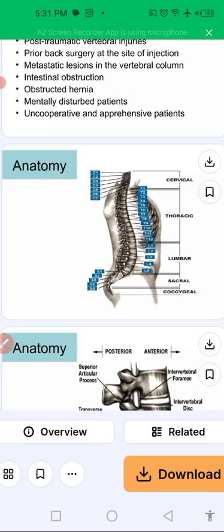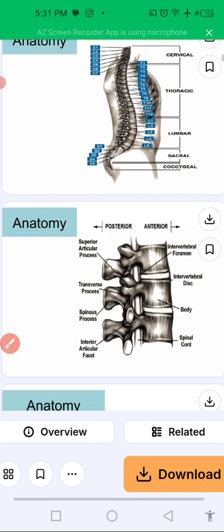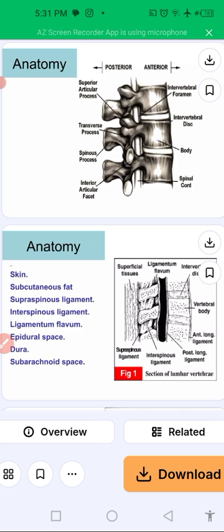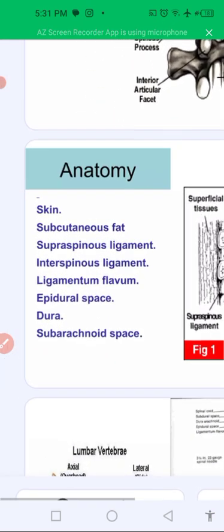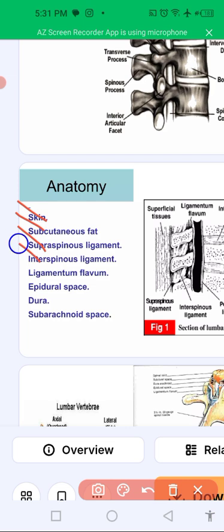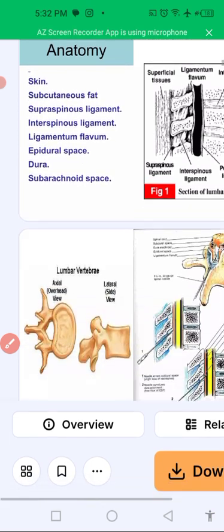Now, as we can see, the anatomy of the spine includes cervical, thoracic, lumbar, sacral, and coccygeal vertebrae, and we have to perform lumbar puncture at the level of L3, L4. We have to cross certain structures for spinal anesthesia like skin, subcutaneous fat, supraspinous ligament, interspinous ligament, ligamentum flavum, epidural space, dura, and then the subarachnoid space at the L3, L4 level.